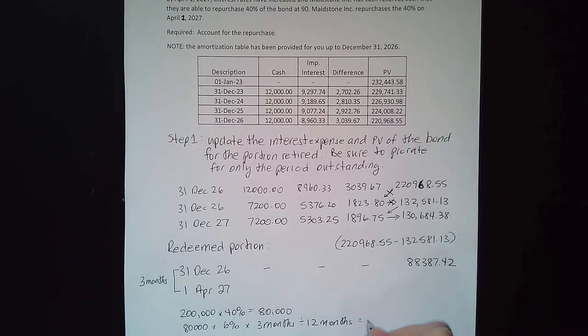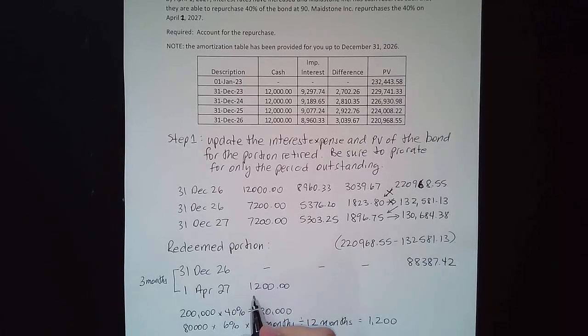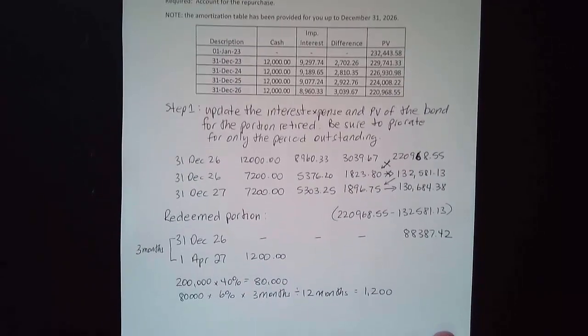What is this amount? This amount is $1,200. That's the amount of cash that we are going to have to pay the bond holders when we redeem the bond on April 1st, 2027.